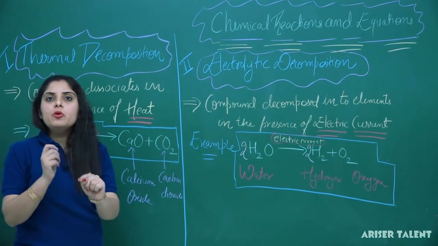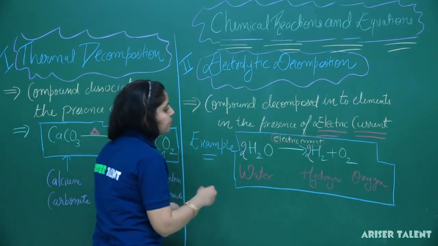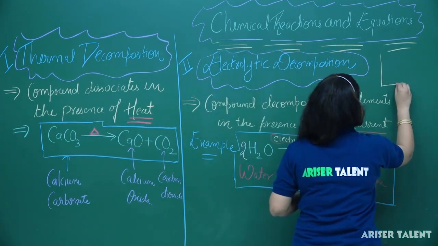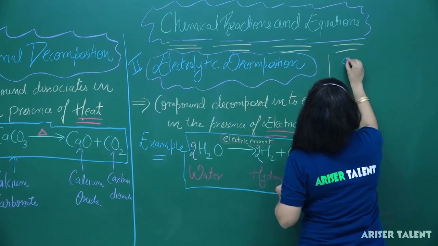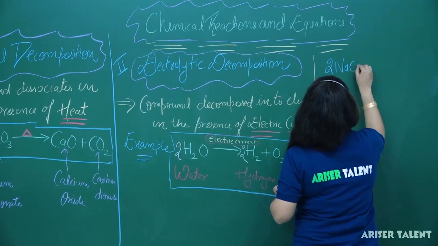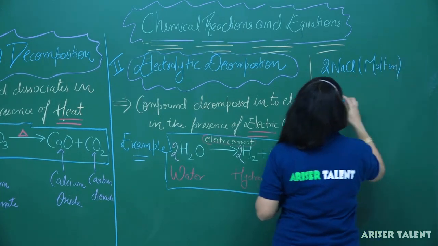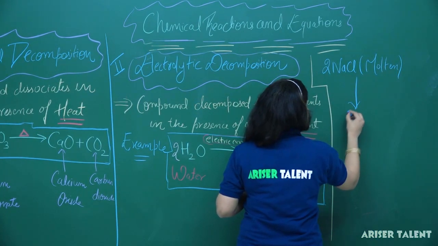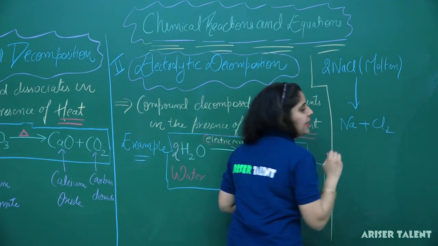Now, we have one more example for the electrolytic decomposition, that is 2 NaCl. This NaCl will be in molten state. If I pass electric current through it, it will dissociate into Na plus Cl2.